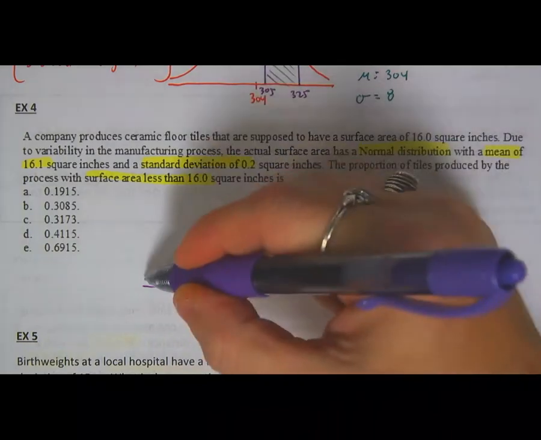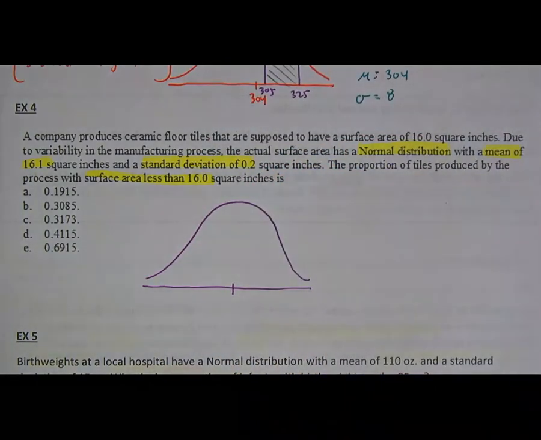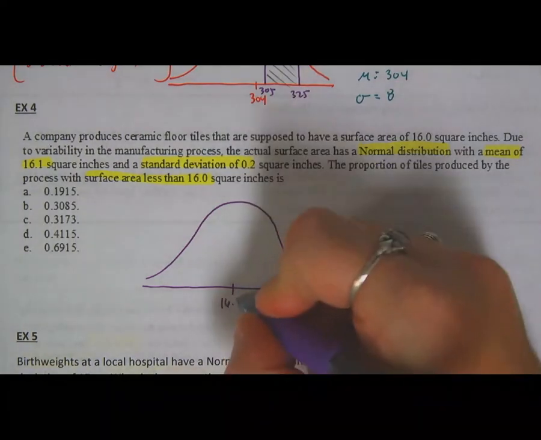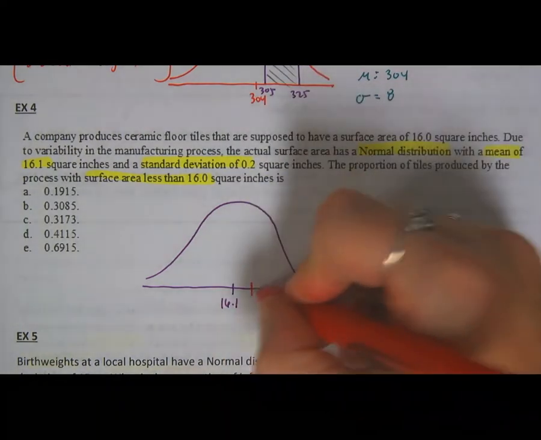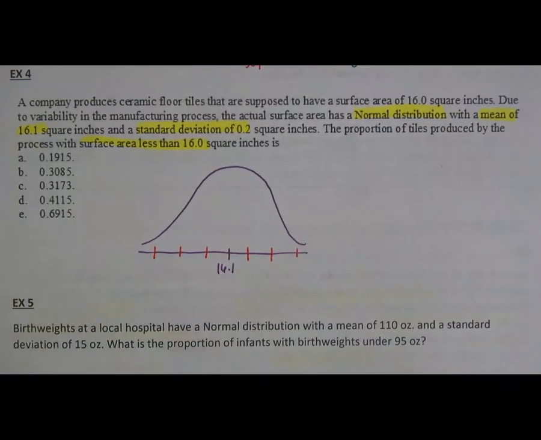All right. I'm a student, and I'm just going to go as fast as I can. The mean is 16.1. And because of the machinery, the tiles are not always going to be perfect. There's going to be a little bit of variability here. Standard deviation is 0.2. So minus 0.2, minus 0.2, minus 0.2.